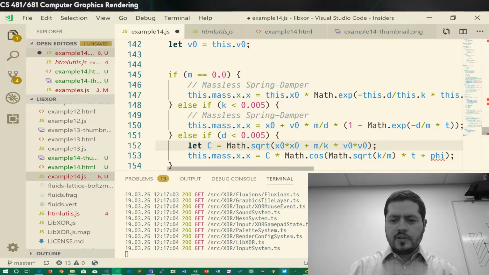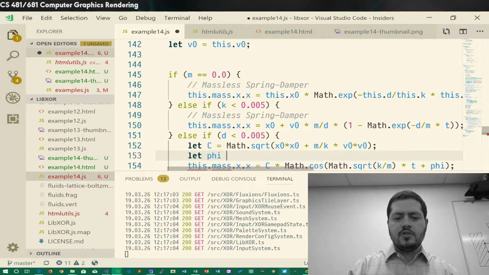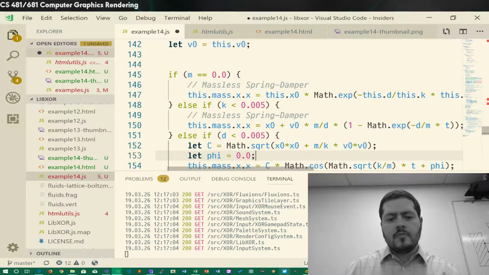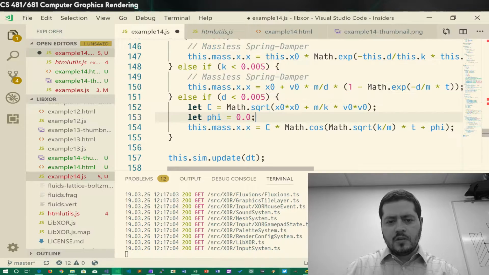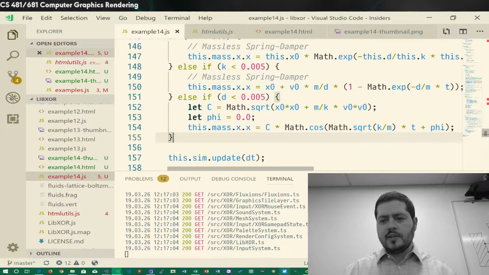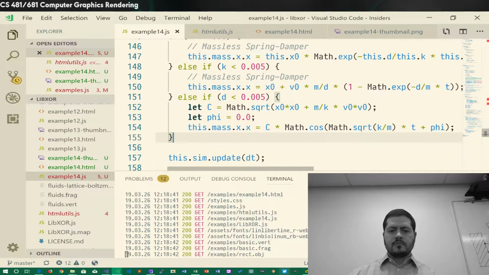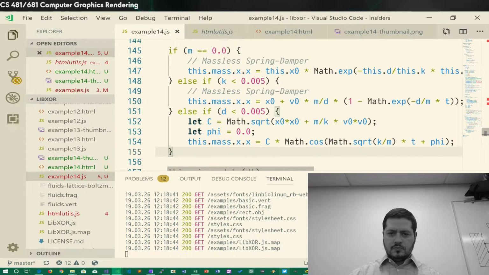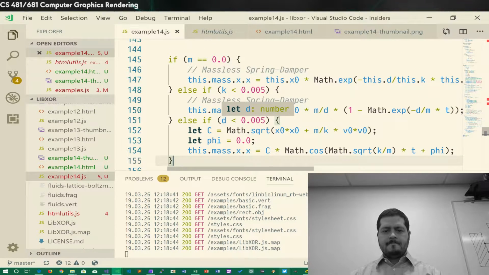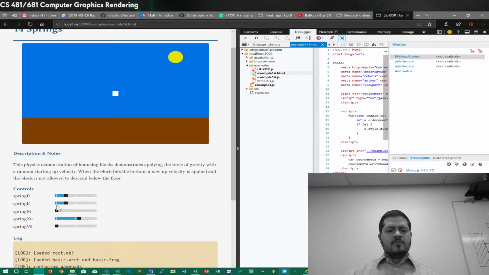Now, what is that value phi going to do to our function? What do we think that phi is going to do? That's nice that one just worked out of the box.